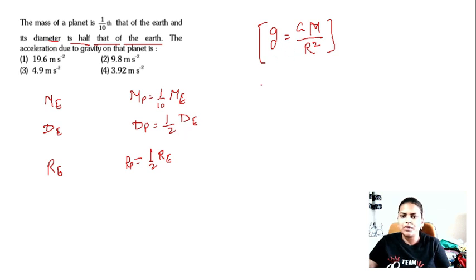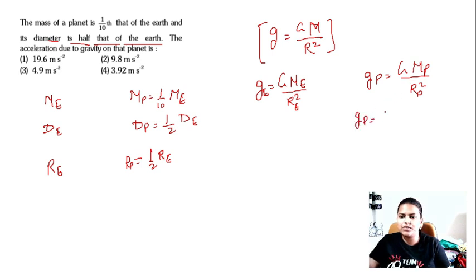We know the Earth's gravity is ge equals G me upon re square, where re is the radius of Earth. For the planet, gp is equal to capital G into the mass of the planet divided by the radius of the planet square. Now substitute the mass and radius of the planet in terms of Earth.